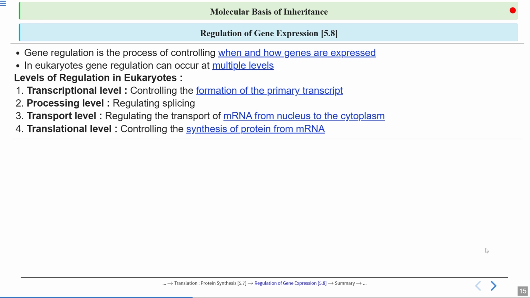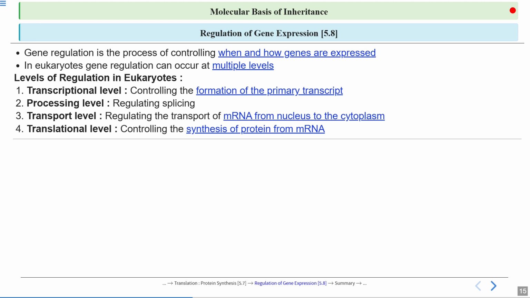So how can we regulate gene expression in eukaryotes? We can regulate it at several levels. First, we can regulate it at the transcriptional level, by controlling the formation of the primary transcript. Then the processing level can be regulated by regulating processes like splicing and capping.